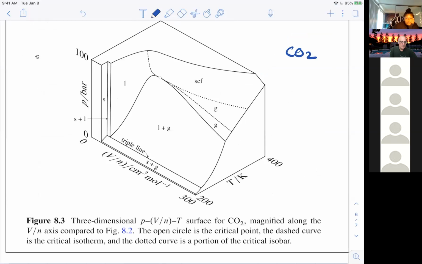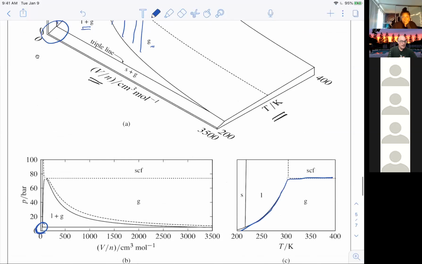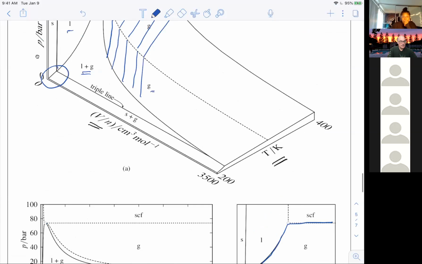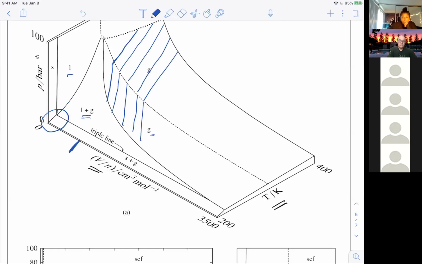But this now is a different area. If you'll notice, the molar volume goes from 0 to 300 cubic centimeters per mole, and this goes from 0 to 3,500 cubic centimeters per mole. So this second phase diagram cuts through the volume region that's just about a tenth, or maybe a twelfth, of the area here.